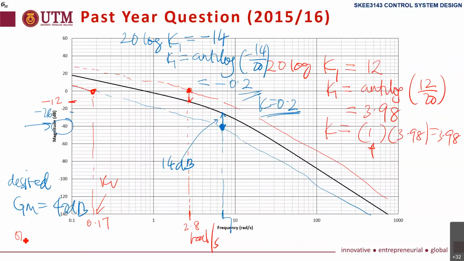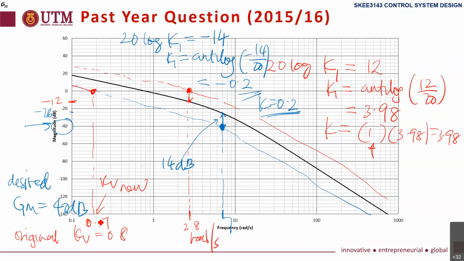The new Kv is 0.17 because we shifted down.